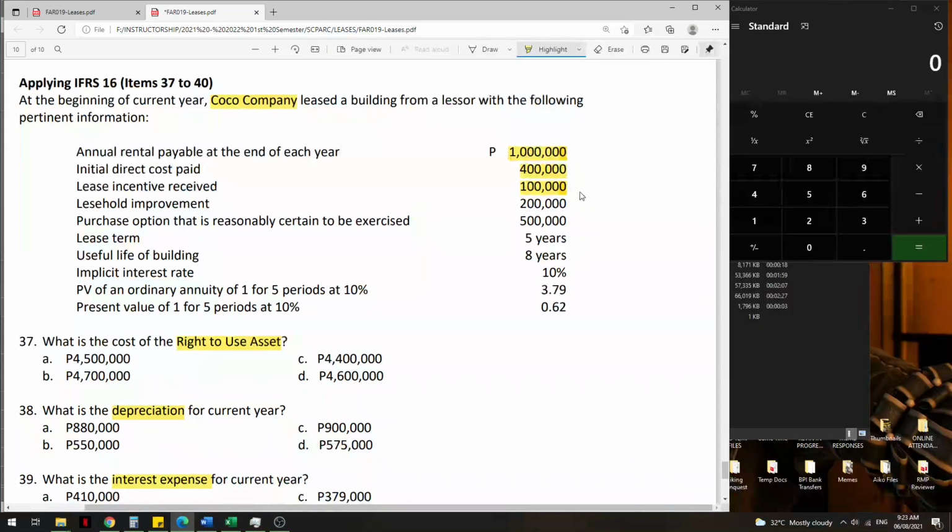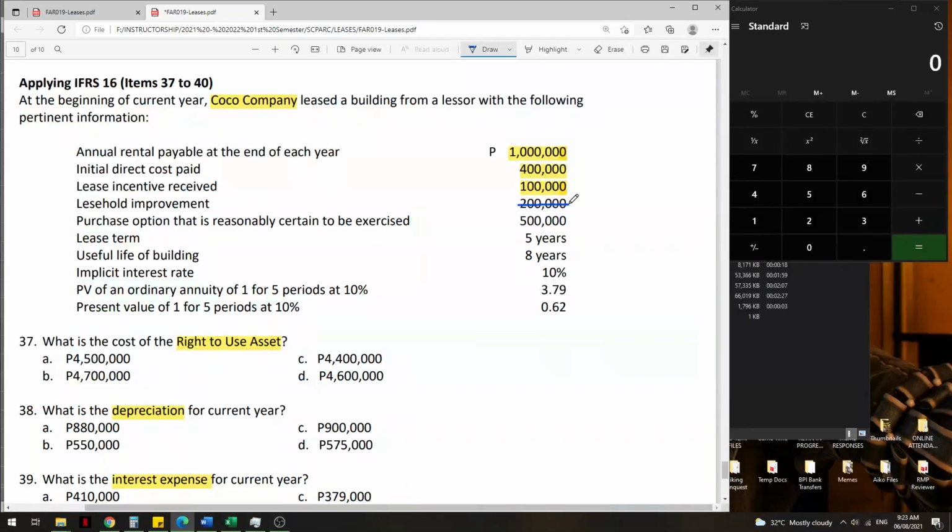The lease incentive is deducted from initial direct cost so that you get the net initial direct costs. Leasehold improvements. Well, leasehold improvements is not related to right of use asset. It is a separate asset which has its own standard, that is PAS 16. So, that is not right of use asset.